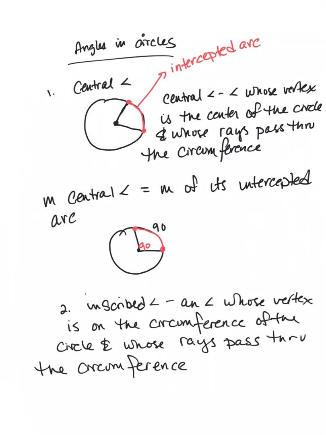Okay, so if we think about the previous question, if we think about that 90-degree central angle, right? But now instead I'm going to make an inscribed angle. Okay, this inscribed angle is going to be half the measure of its intercepted arc.